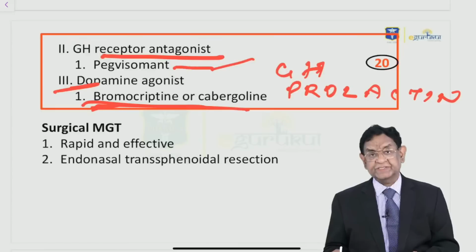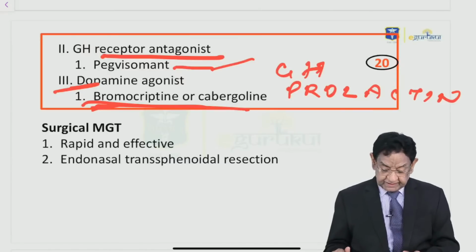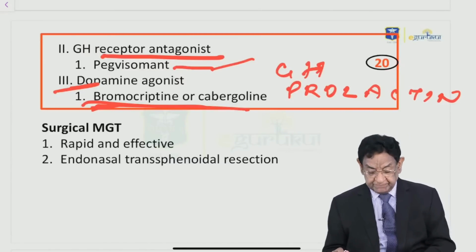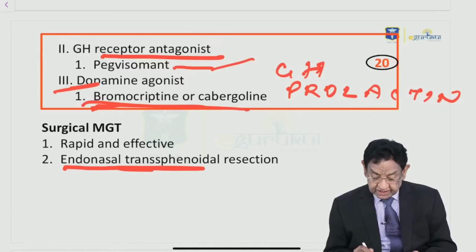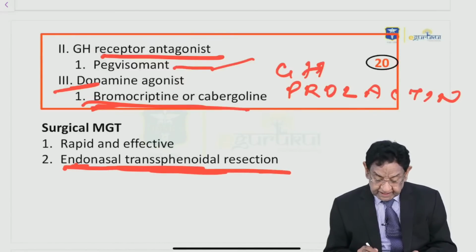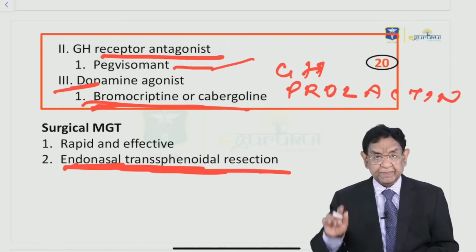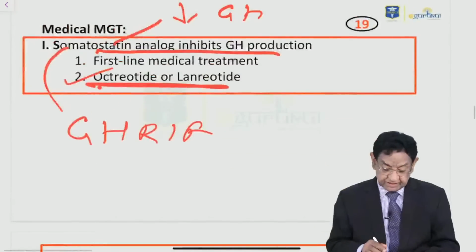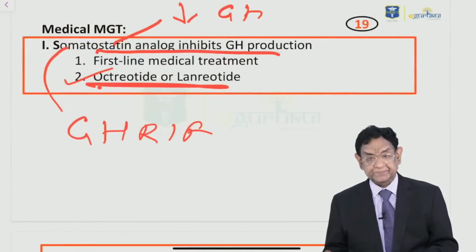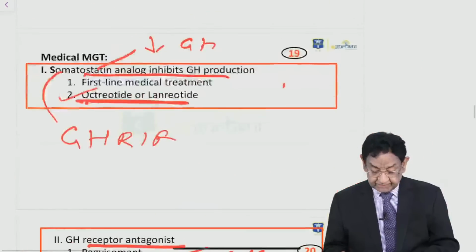However, in this case, the first line treatment is octreotide. I told you the treatment is surgery, but surgery has already been done, by the transnasal, transsphenoidal route. Remember, this is for rapid treatment, but in this case surgery was incomplete. The best treatment is octreotide. Boxes, you can make a box. Lovely boxes are there.